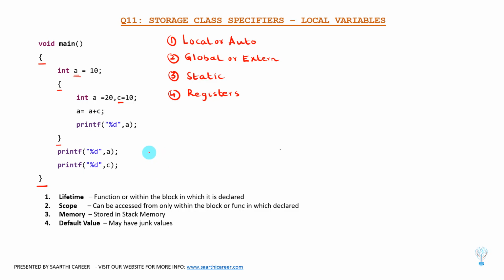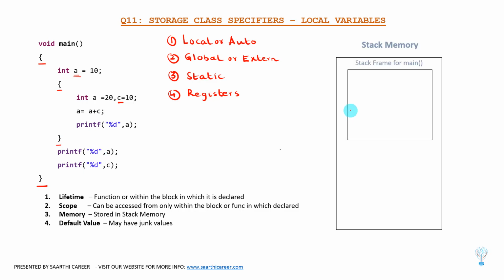Now whenever a function is called, a stack frame for that function is created in the stack memory, in which the local variables will be stored. So the first statement, which we see as int a equals to 10, space in memory for a equals to 10 is created and it is pushed onto the stack.